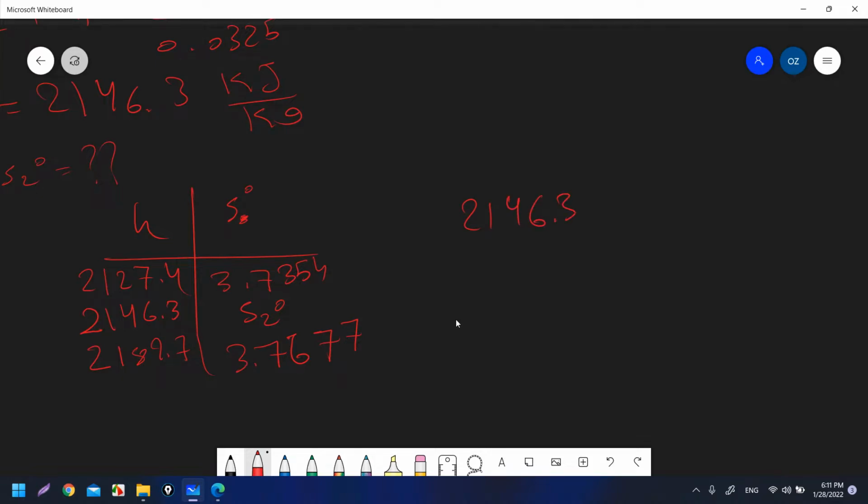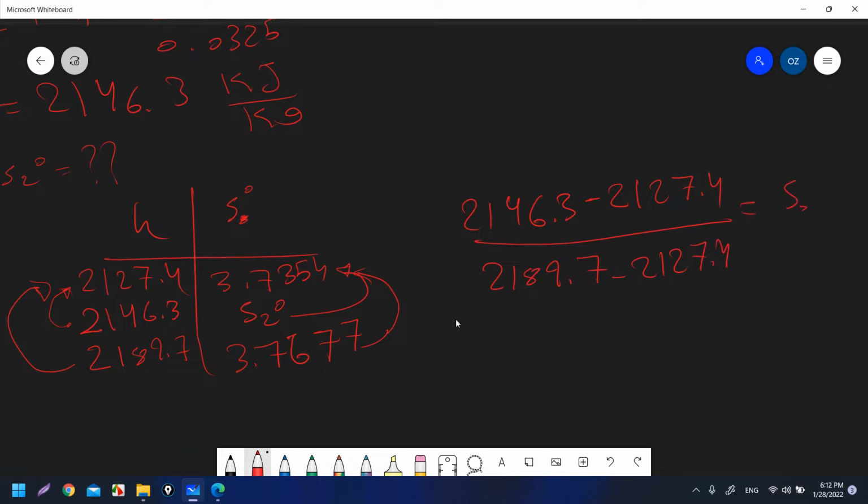If you don't remember the interpolation: what you have minus the lowest value, over the highest value minus the lowest value, equals what you want to find minus the lowest value, over the highest value minus the lowest value. Anyway, I hope you understand this interpolation. 2127.4, the lowest value, will always be on the right, and the highest value.